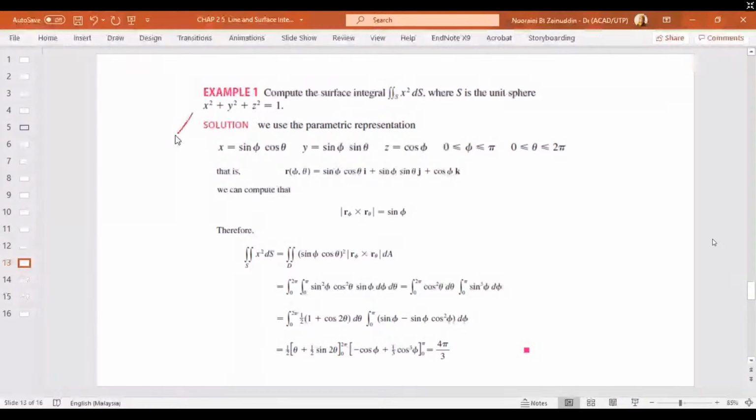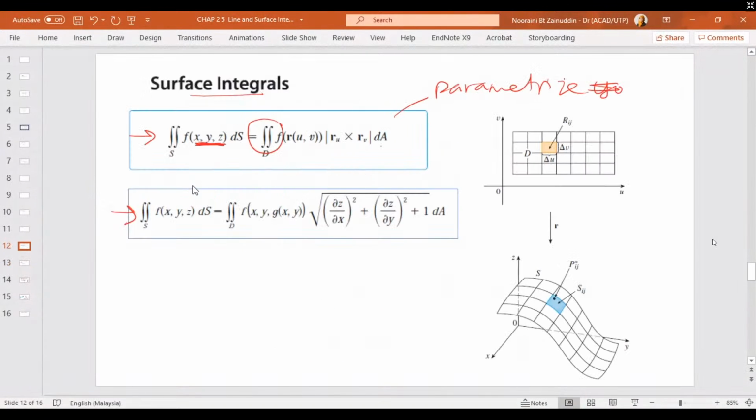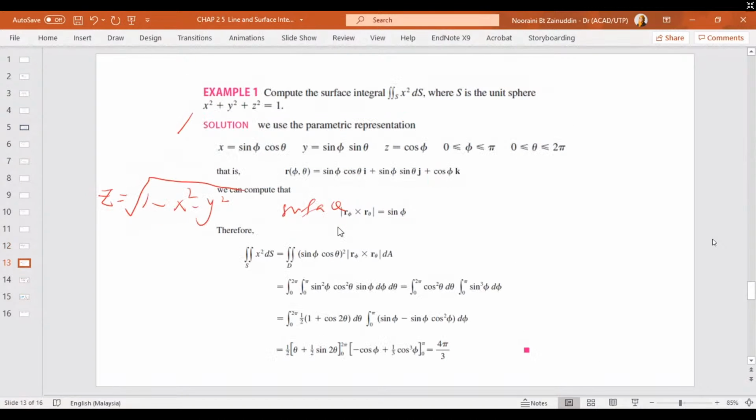You have z, we simplify it as the square root of 1 minus x squared minus y squared, positive. This is surface 1, if you want to just use this function, meaning you don't want to parameterize it. And the second one, you have surface 2.